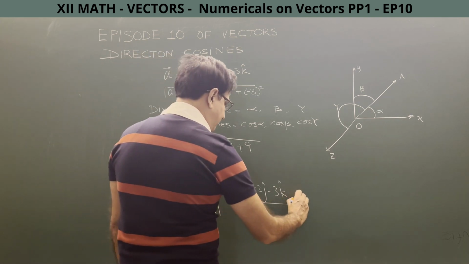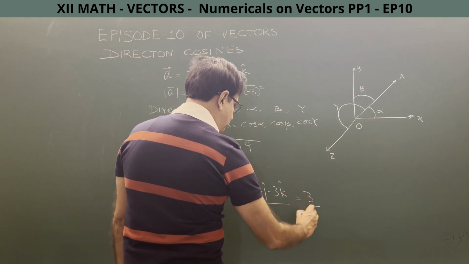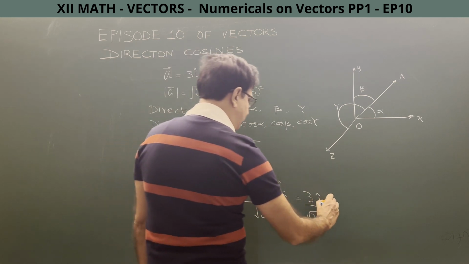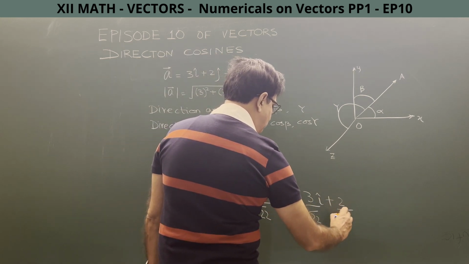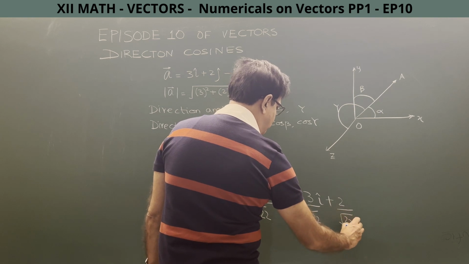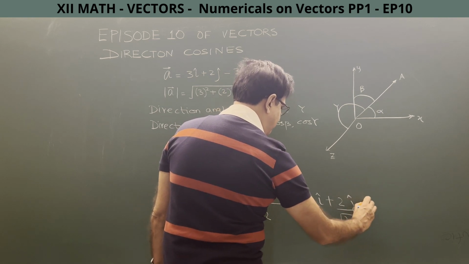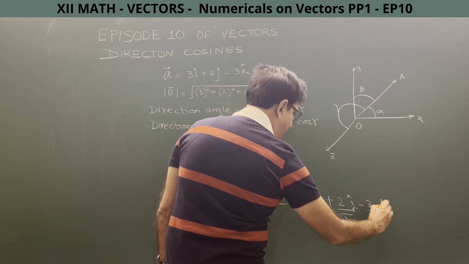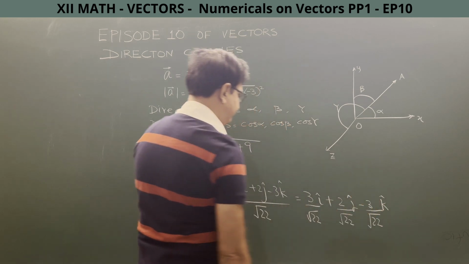Now you can separate it out. So 3 by square root of 22 i cap plus 2 by square root of 22 j cap minus 3 by square root of 22 k cap.